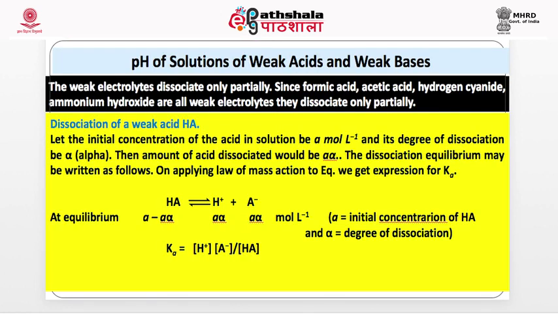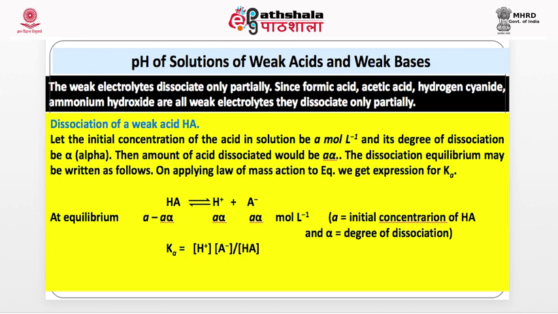pH of solutions of weak acids and weak bases is important. Some important acids and bases are formic acid, acetic acid, hydrogen cyanide, ammonium hydroxide, H2S. They are environmentally important. The dissociation of an acid can be written as HA equal to H plus plus A negative.